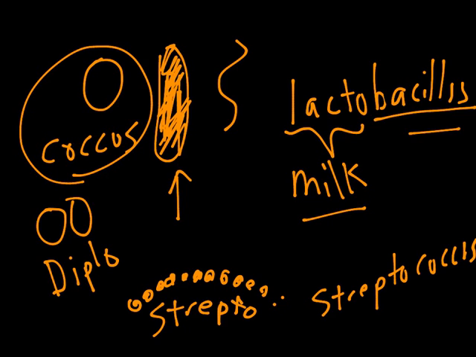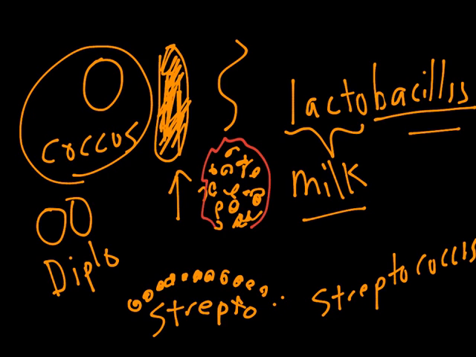If the cells remain in clusters, and all the different bacteria have different kinds of rules that they live by. Some of them are in long chains, some of them there's only two, and some of them stay in these different groups. I should have done it in different colors. And that is a staph.